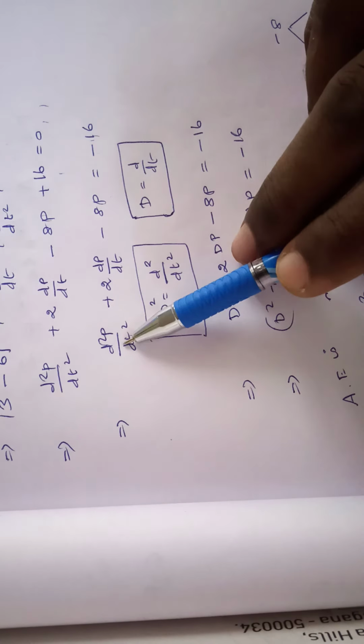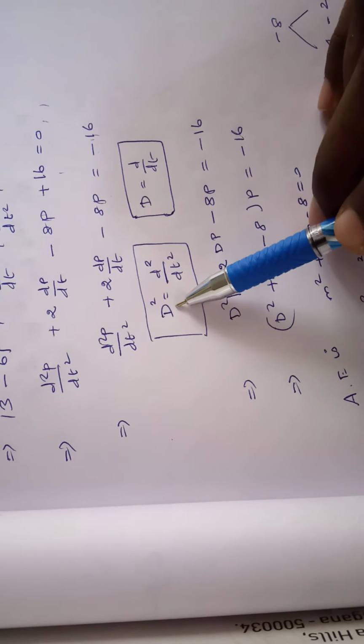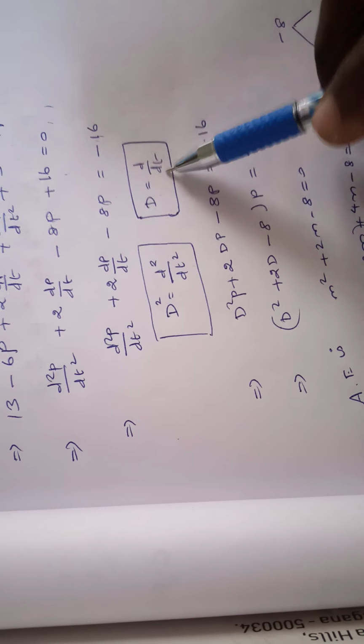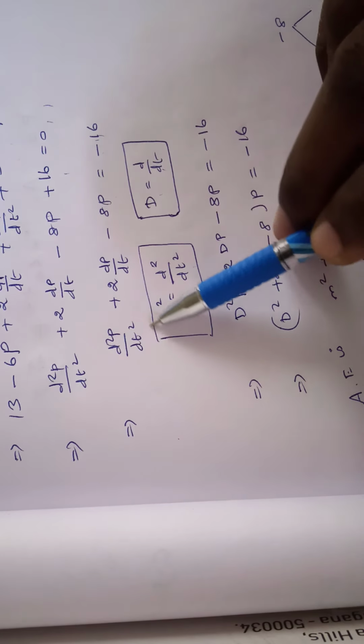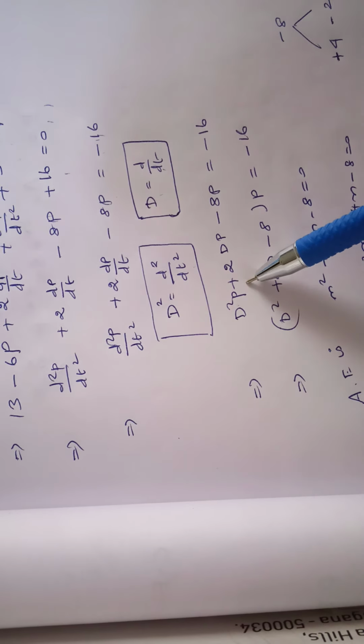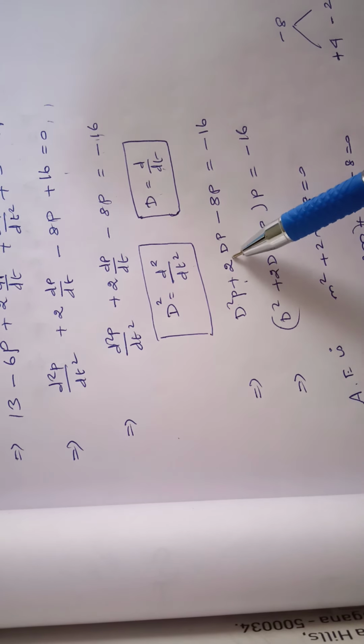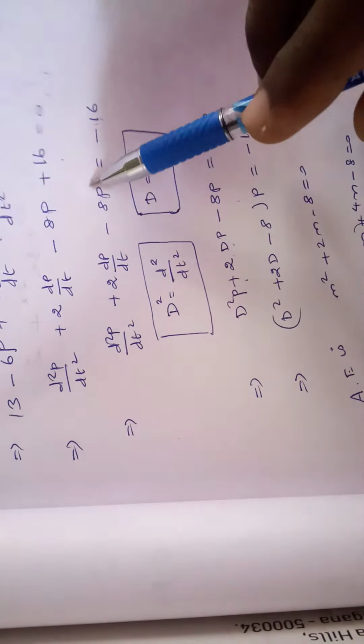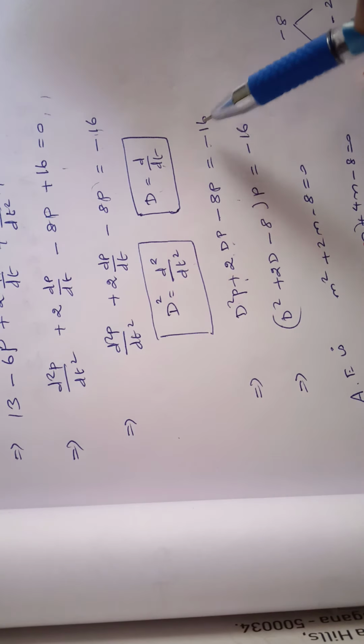The differential equation can be transformed with D² equal to d²/dt² and D equal to d/dt. So D² p plus 2 times D p minus 8p equals minus 16.